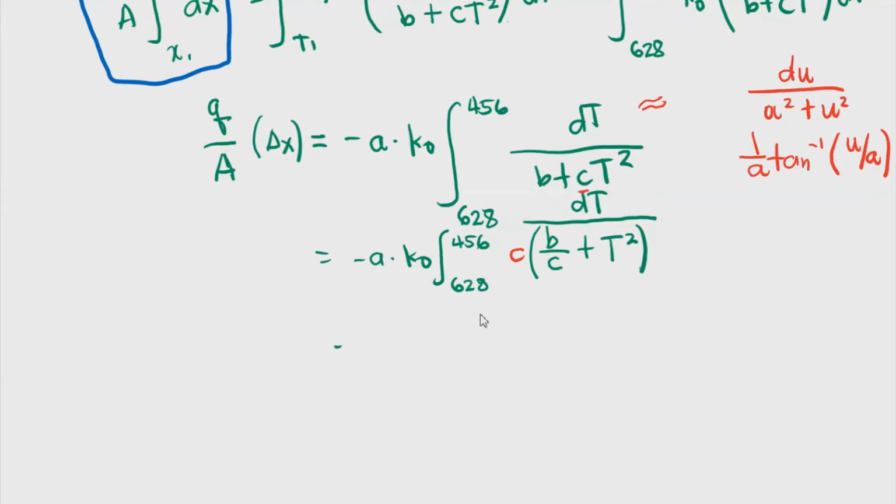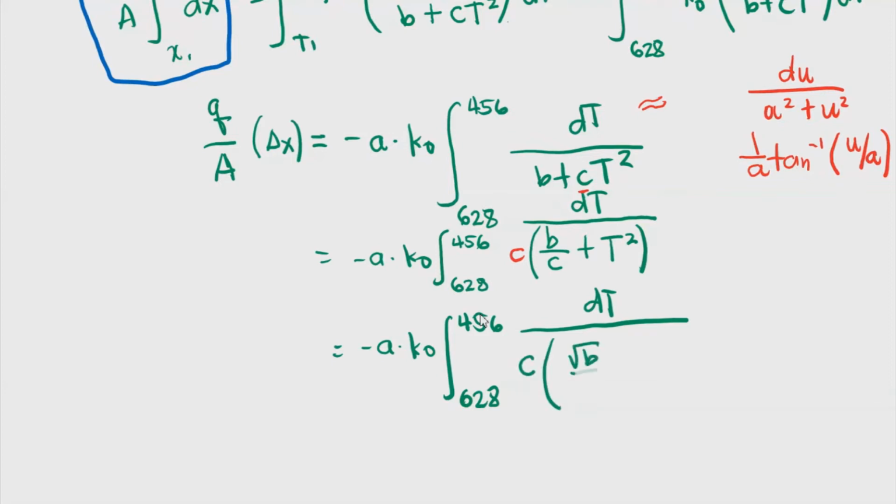So with that, we now have negative a k sub o, the integral from t1 to t2, and then we have there dt. So since we need to express that in terms of something na naka-square based on our rule here, we have c, and then this one is the square root of b over the square root of c, and then this one is squared natin siya ngayon, plus t squared. Okay?